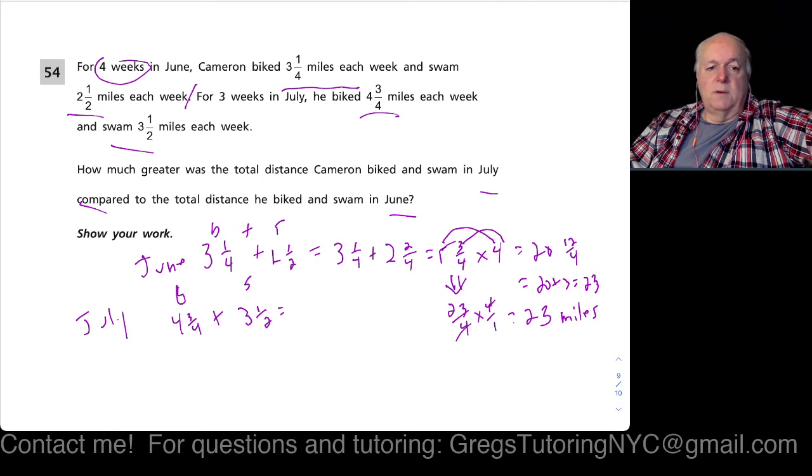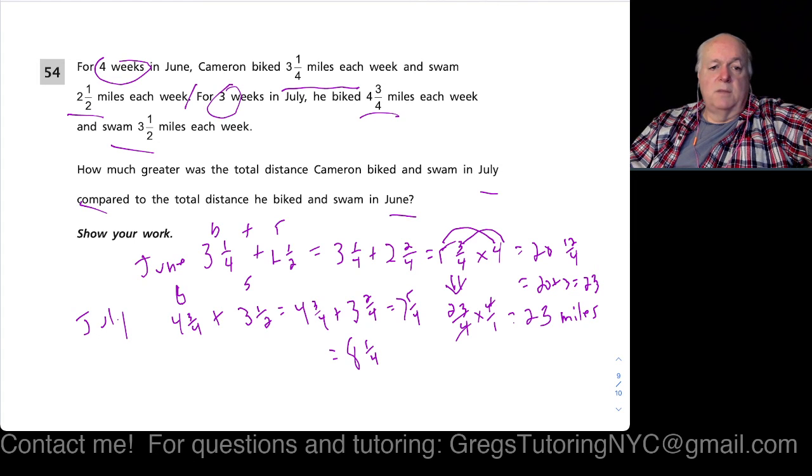We have 4 3/4 plus 3 2/4, right? 1/2 is the same as 2/4. And we get 7 5/4. Okay, 7 5/4 is the same as, because 5/4 is the same as 1 1/4, we get 8 1/4. Okay, he does that for 3 weeks.